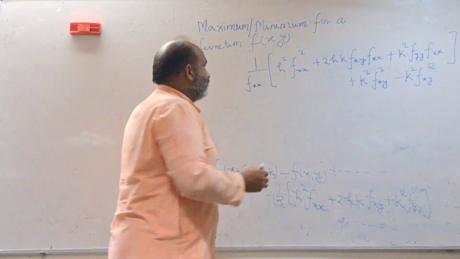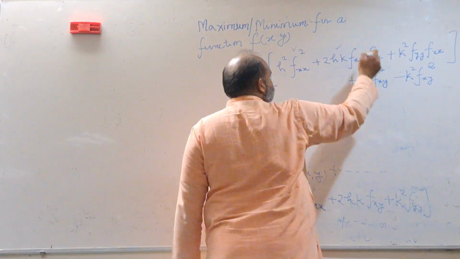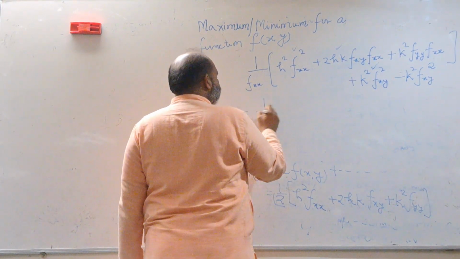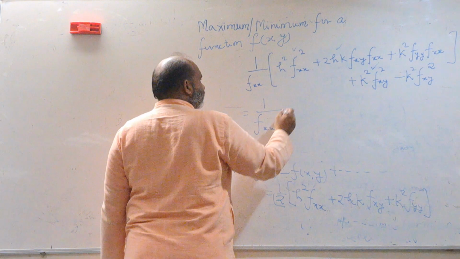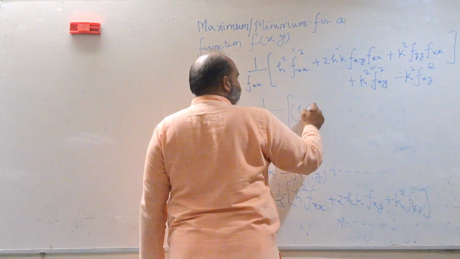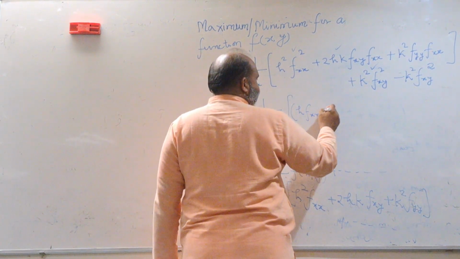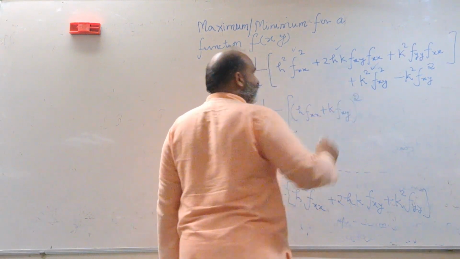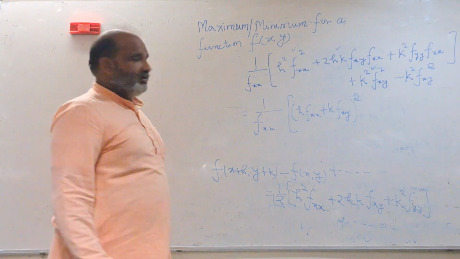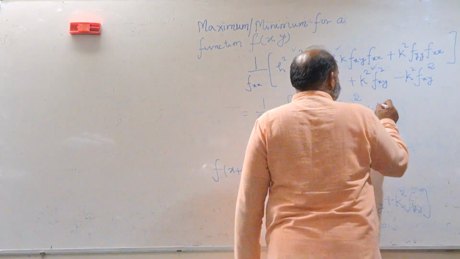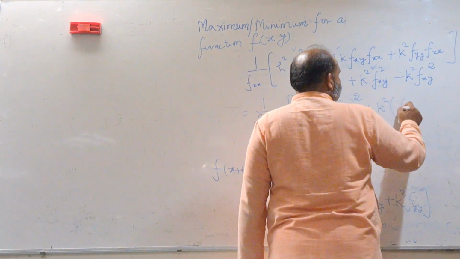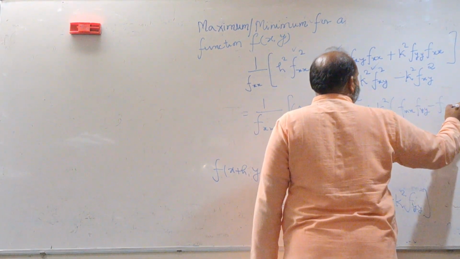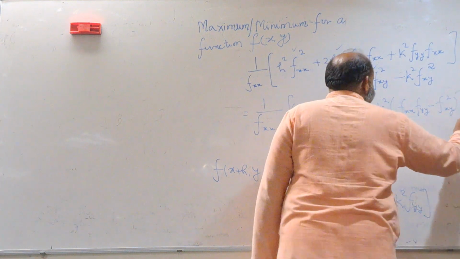Right? So now this can be written as 1/fxx times (h fxx plus k fxy) whole square, plus k square (fxx fyy minus fxy square).